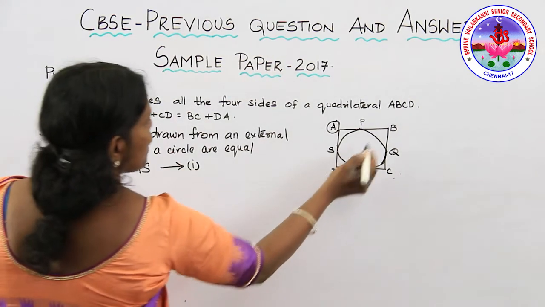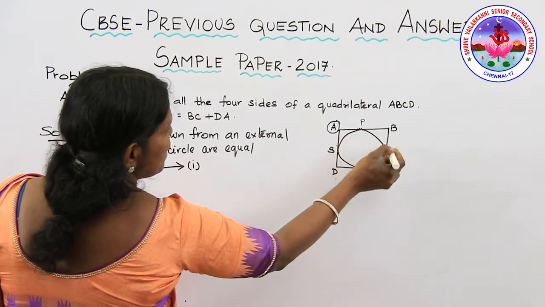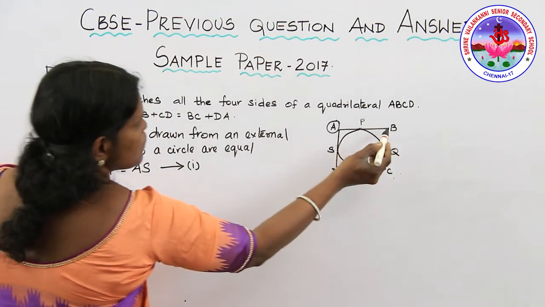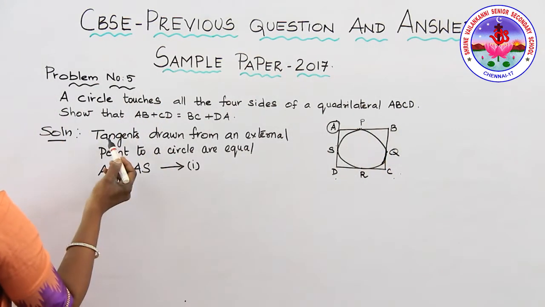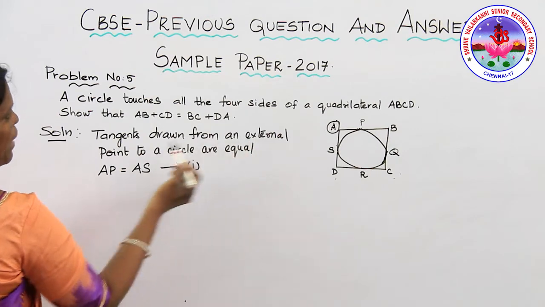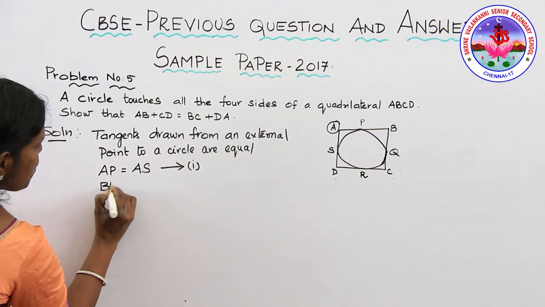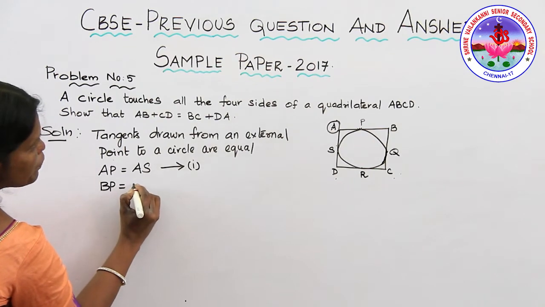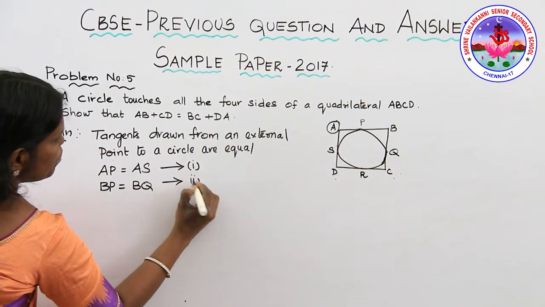Now going to the other vertex B, I have the tangents BP and BQ, where these two tangents are drawn from this external point B. So I got this theorem, tangents drawn from an external point to a circle are equal. So I will be getting BP is equal to BQ, calling this 2.